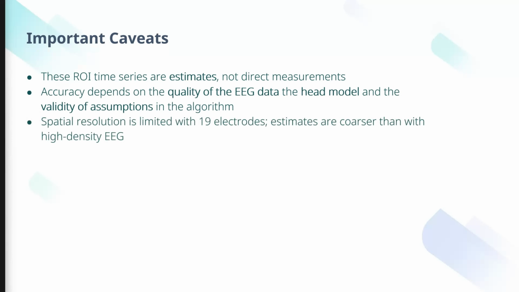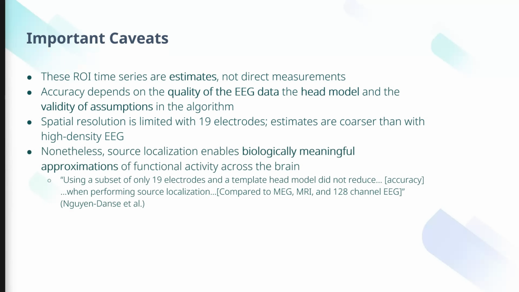Spatial resolution is going to be limited with only 19 electrodes, so the estimates are going to be coarser than with some sort of high-density EEG, but we still get biologically meaningful approximations. Wan Dance et al. actually found that these 19-channel EEG recordings did not reduce the accuracy when performing this source localization procedure compared to MEG, MRI, or 128-channel EEG recordings.